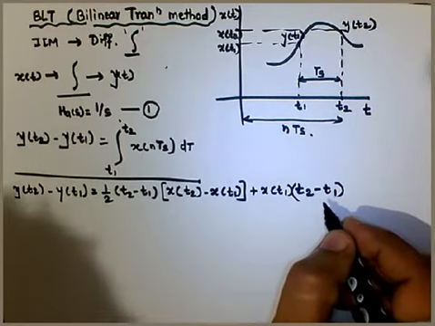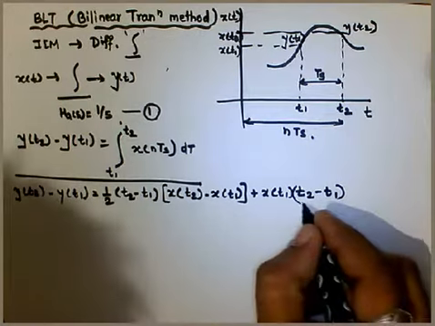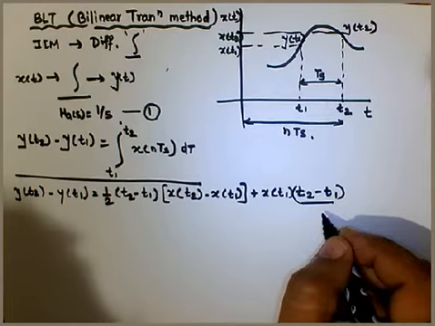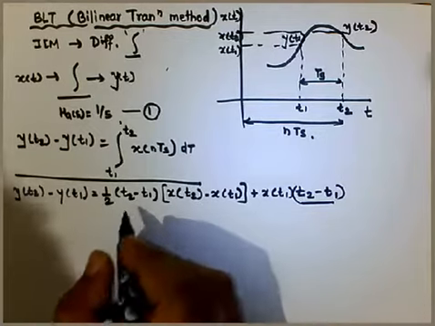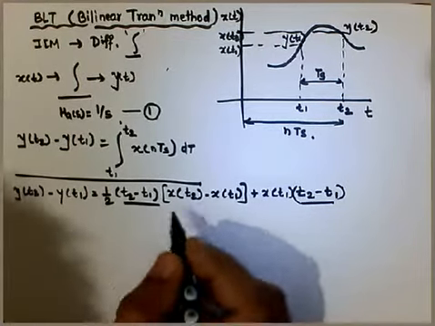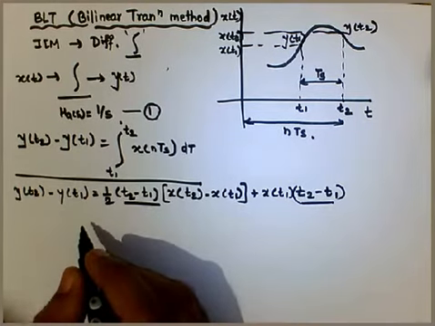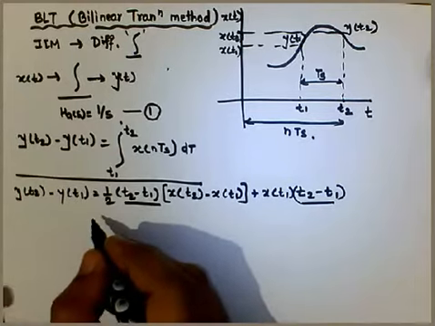Now when we solve this equation, t2 minus t1 is nothing but Ts. Similarly nTs minus Ts is the time t1. So this can be further replaced with the values, and ultimately by solving it we will get the output in terms of nTs.